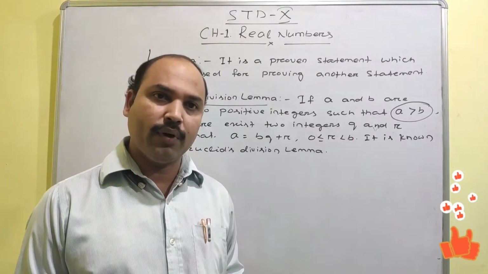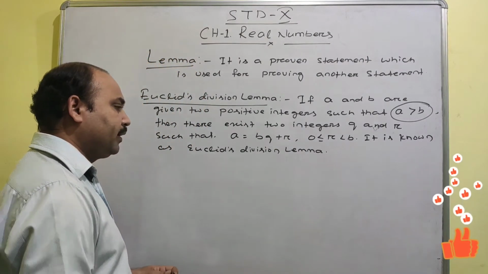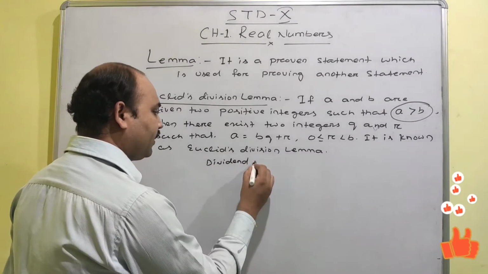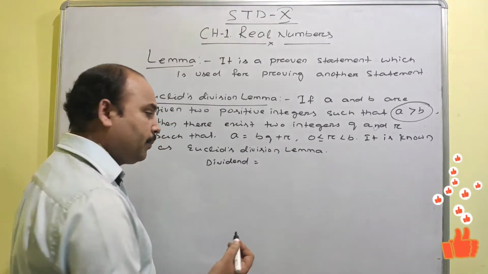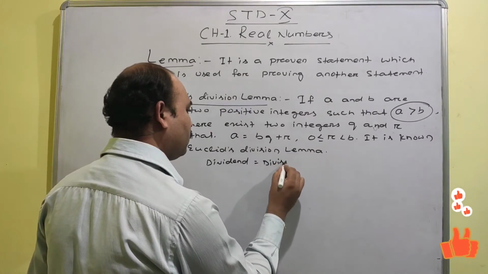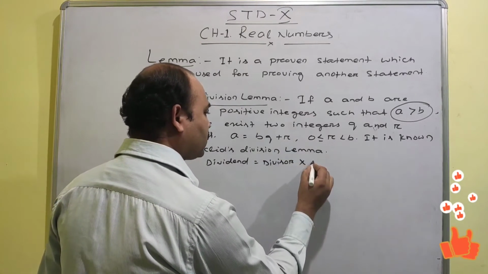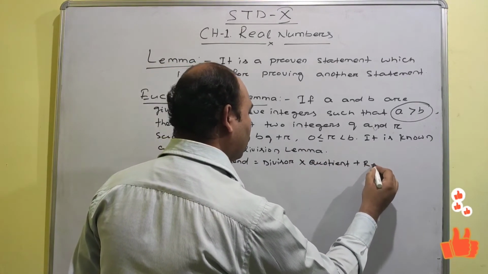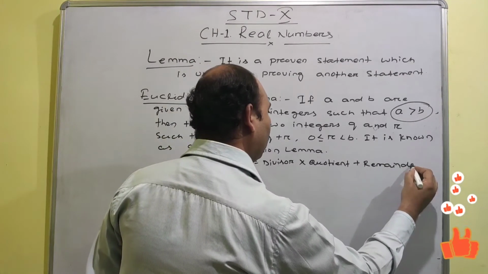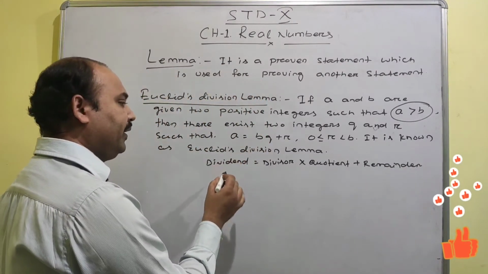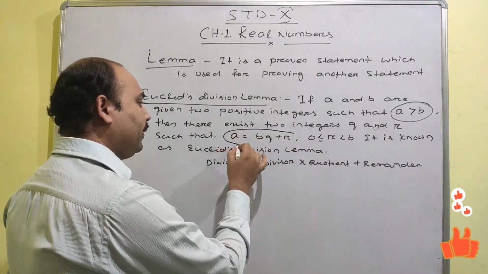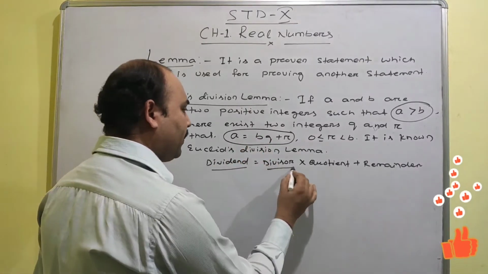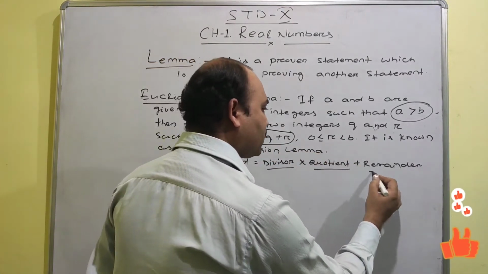Here a is the dividend, equal to b, the divisor, into q, the quotient, plus r, the remainder. We write this as a equals bq plus r. Here a means dividend, b means divisor, q means quotient and r means remainder.